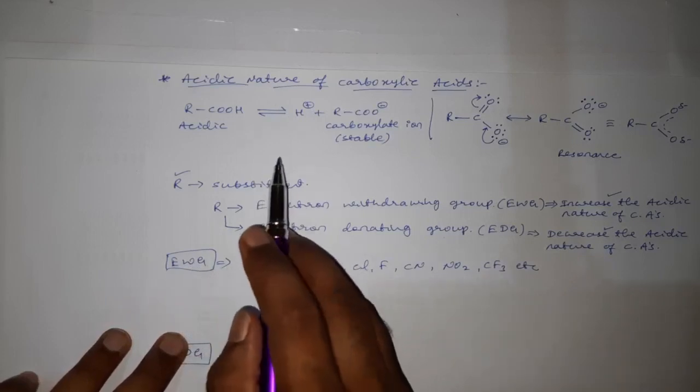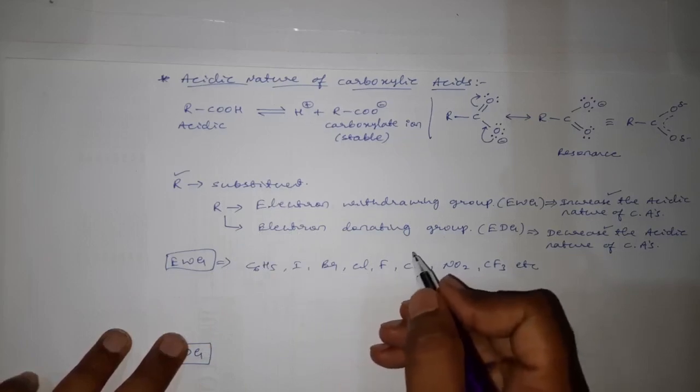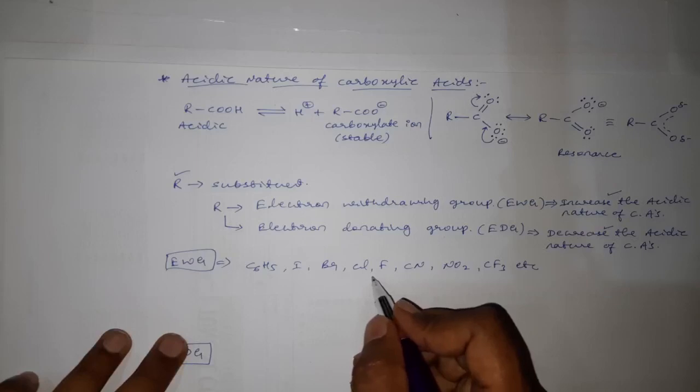If these groups are present in a given carboxylic acid, then no doubt they will easily increase the acidic nature or the strength of that carboxylic acid.